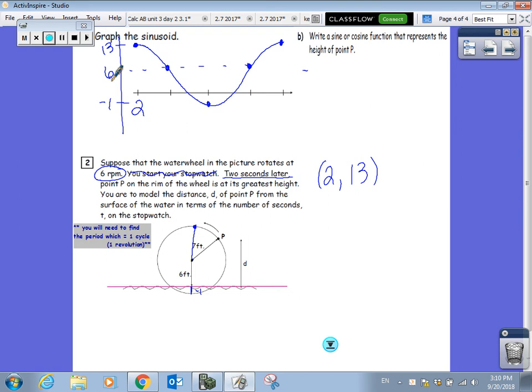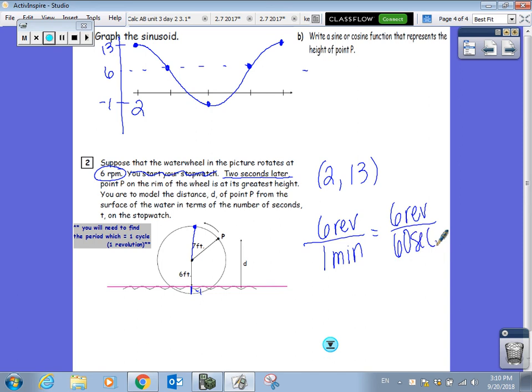Now what we need is the x-axis, so that's where the RPM comes in. We know that is 6 revolutions in 1 minute. We want to know how long it takes for 1 revolution, and we know it's going to be seconds. Some of you can come up with that easily, but if you can't, this is what I do. 6 revolutions happen every 60 seconds, so I change 1 minute to 60 seconds.